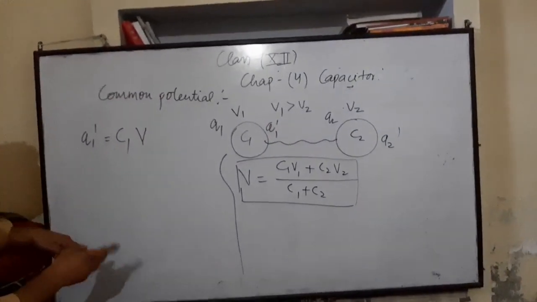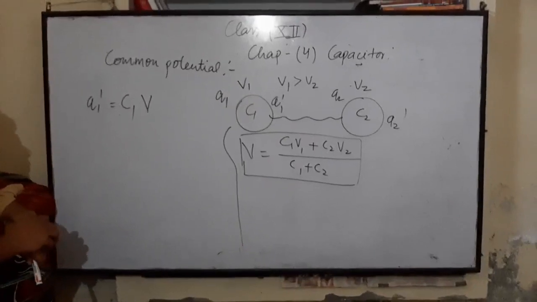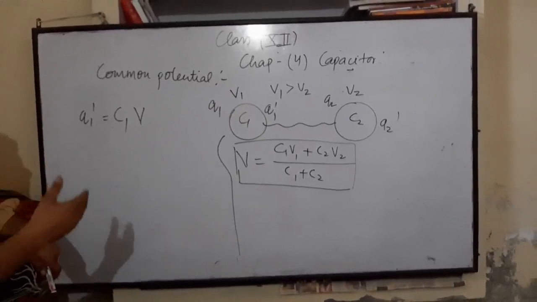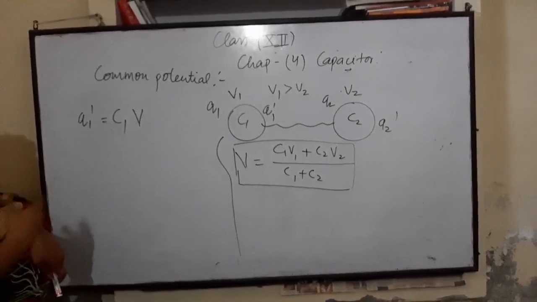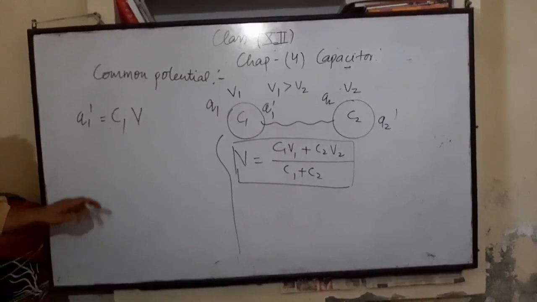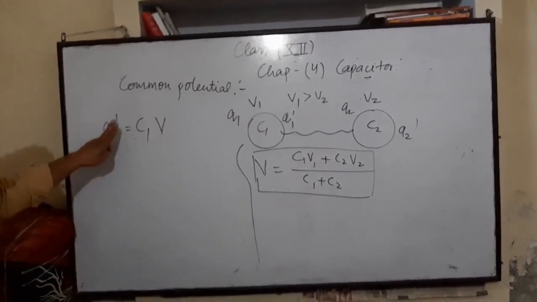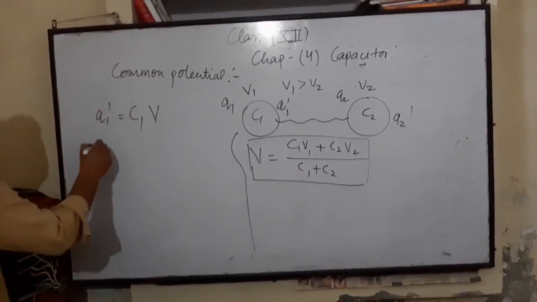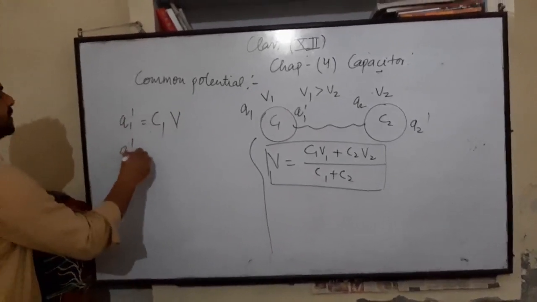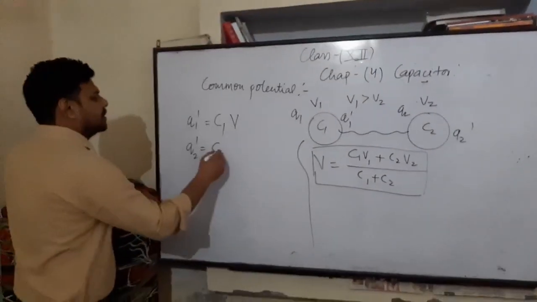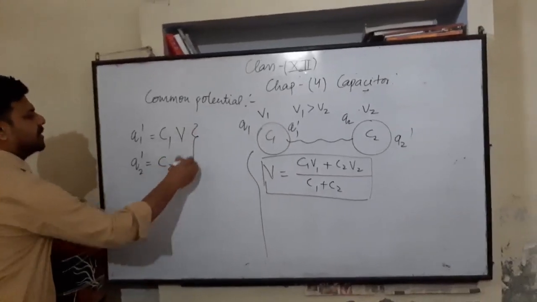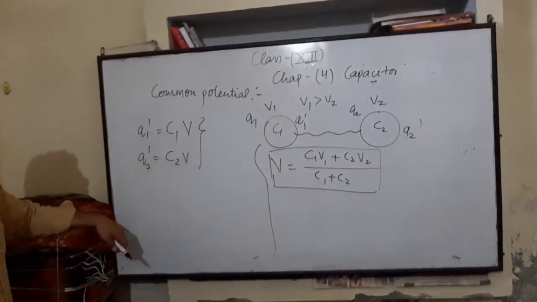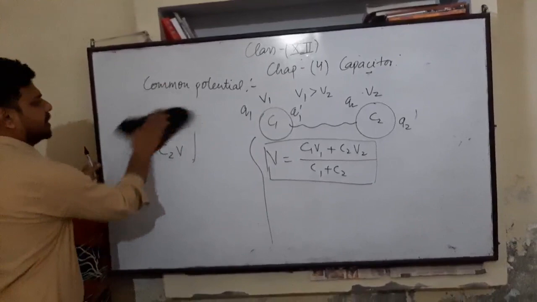So if we want to calculate the redistribution of charge, or charge on each capacitor after connecting them, then simply use this formula. Q1 dash is equal to C1 into V. Just like this, for second capacitor, Q2 dash is equal to C2 into V. So that was the common potential.